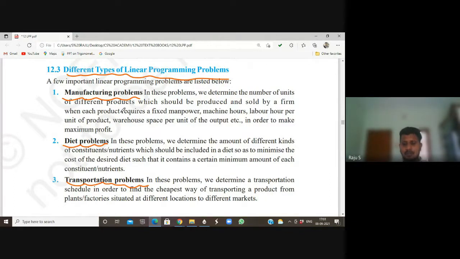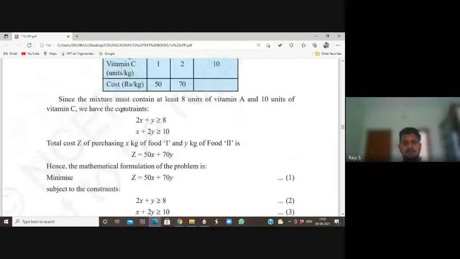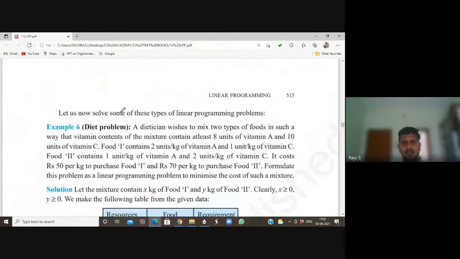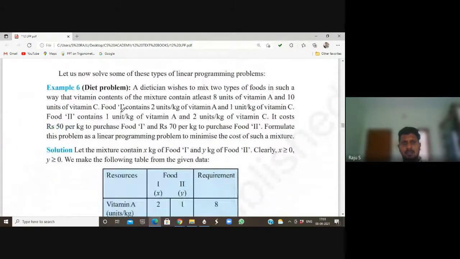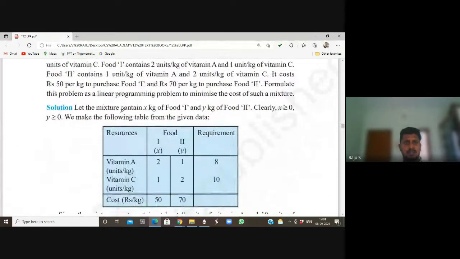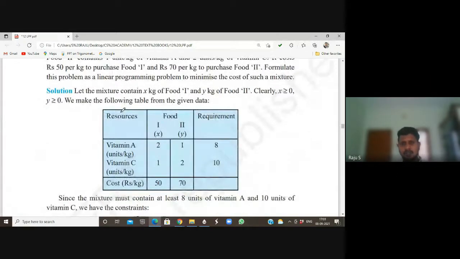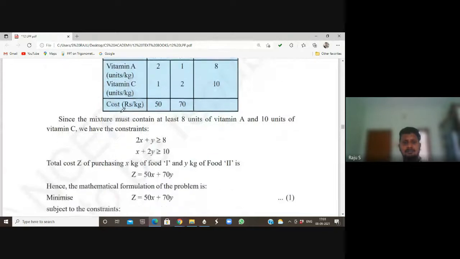Word problem means with the help of given data, we can take the objective function. We can form the inequalities.